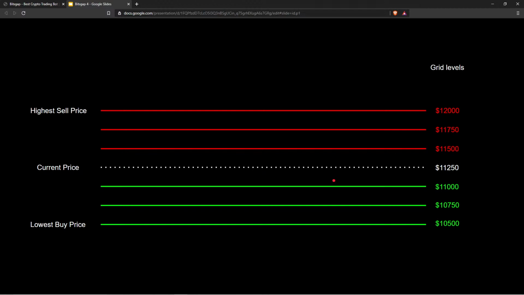So here's the example. Let's say the market moves higher, and for some reason it does not display the chart. Just keep in mind that the price should be moving here and triggering this 11,500 level. As soon as the market reaches this sell limit order, it will automatically sell at the price of 11,500, and this profit generated from the market will be used to place a new buy limit order.